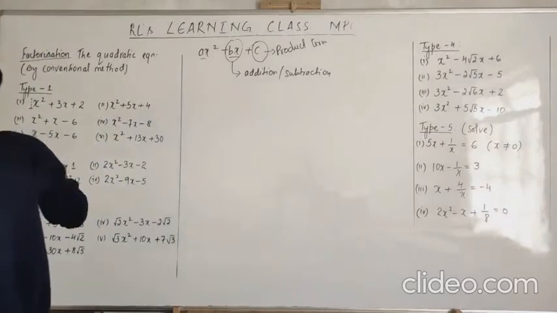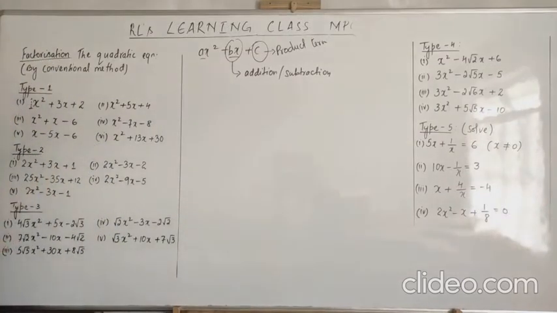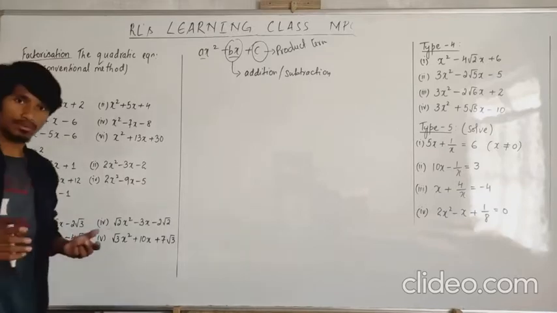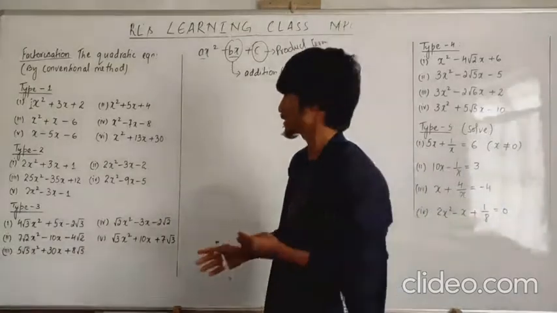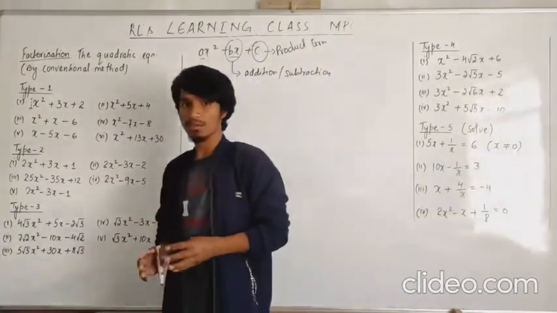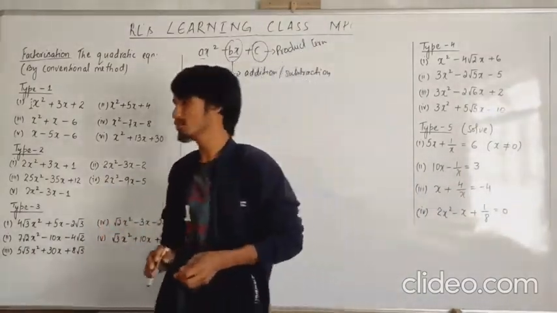Then look at type 2. In type 2 the first term has some number. This is 2, then this is 25, then here 2, here 2, here 2. I am giving you questions with 2 as the coefficient, but I'll give you some examples where it is not 2. You can take another number, and the procedure will be the same.